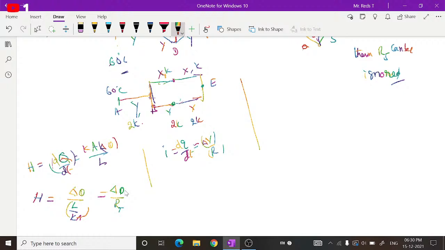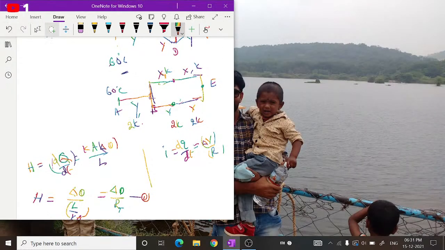If you compare this with this, the resistance is this. So here thermal resistance is L by Ka. Is the writing clear?